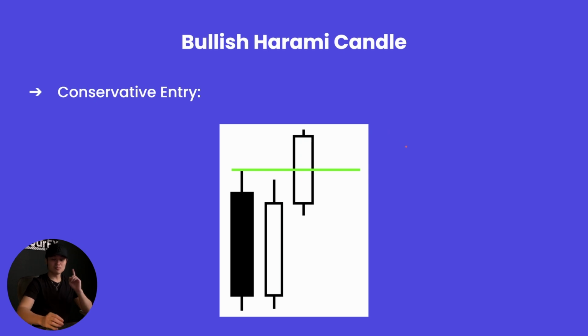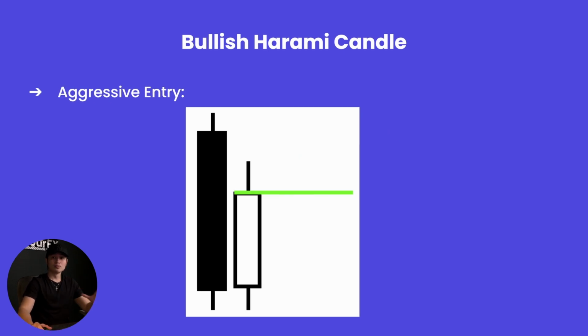Let's move to the more aggressive entry. For the most aggressive entry, you don't wait for the mother candle breakout. If the next candle after the small candle has the same opening price or a higher opening price than the small candle, like this, you can enter right away, even though the high point of the mother candle hasn't been broken yet.